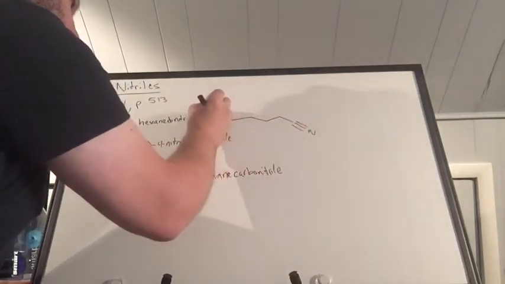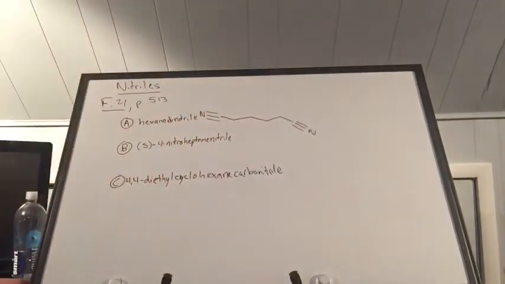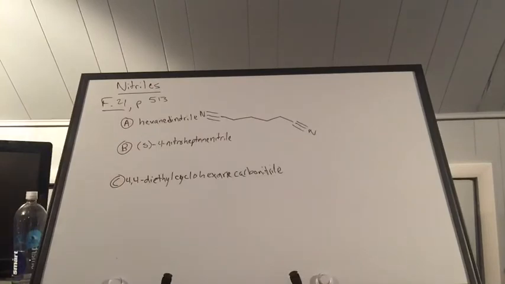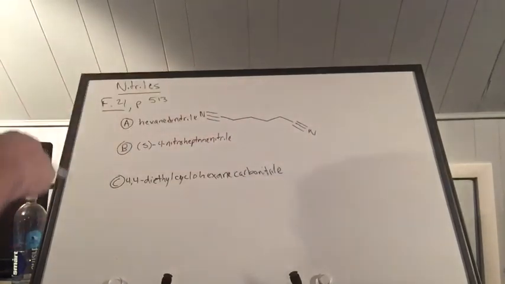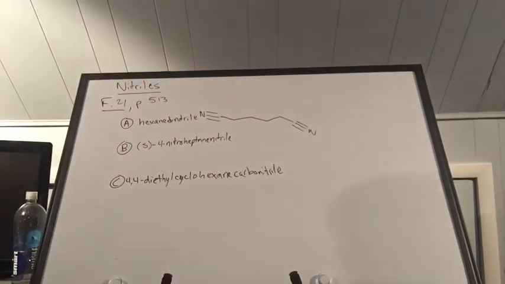In other words, those carbons that are part of that nitrile group are going to be part of the carbon count in the main chain. So in other words, you're going to have 2 terminal ends, just some linear chain without any branches, and just double-ended nitrile groups.